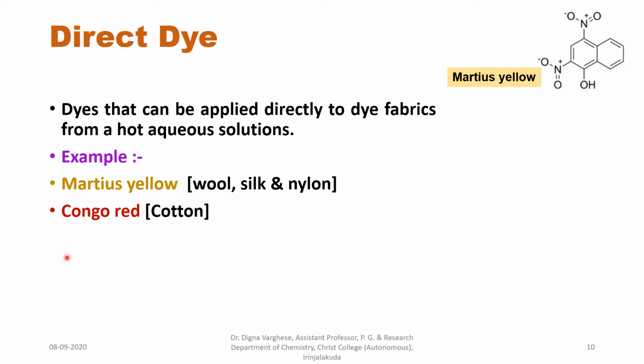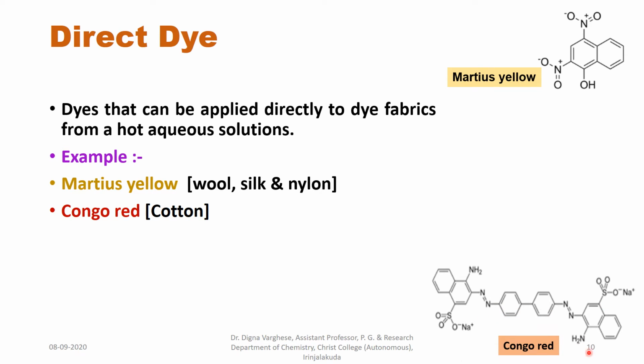Another one is Congo red, which can be applied to cotton. It is also an example of an acidic dye. We can fix the dye in a direct way to the fabric, so it is also under the category of direct dye, applied for cotton materials.